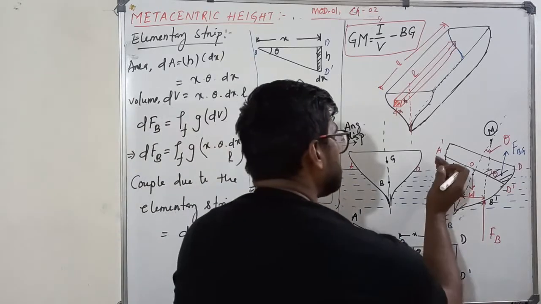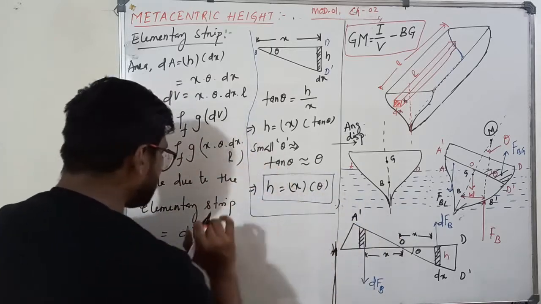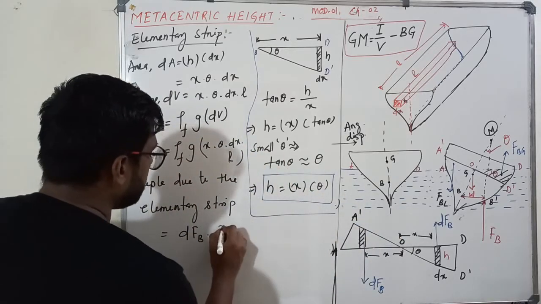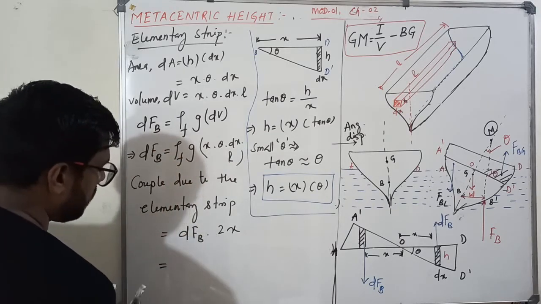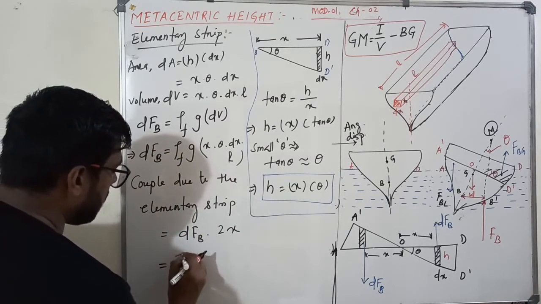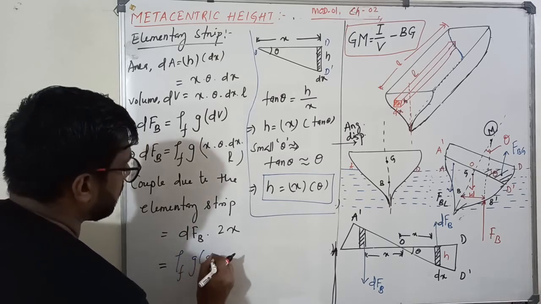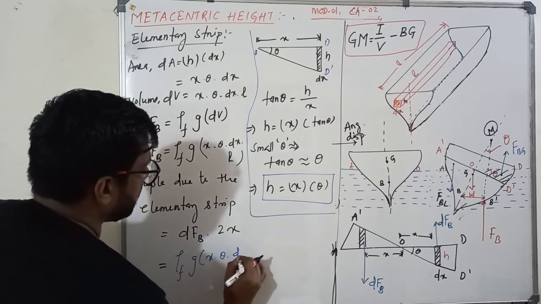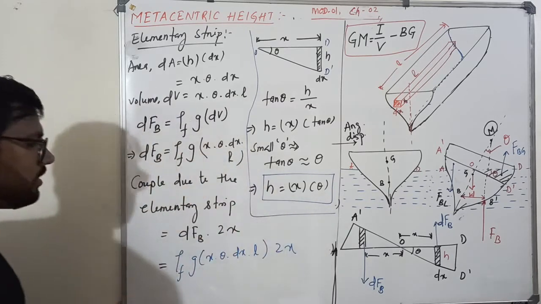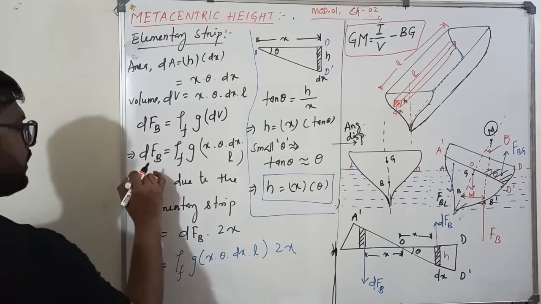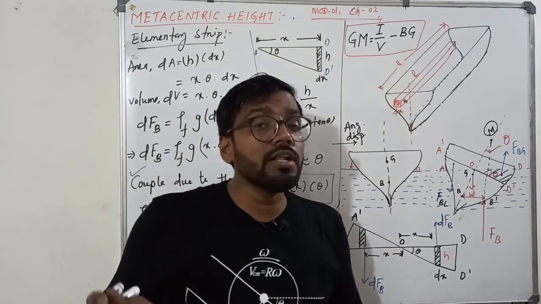So write dFb into 2x. What is your dFb? It is rho f multiplied by g multiplied by x theta into dx into L, multiplied by 2x. This is your couple because of the elementary strip. Now we need the total couple.